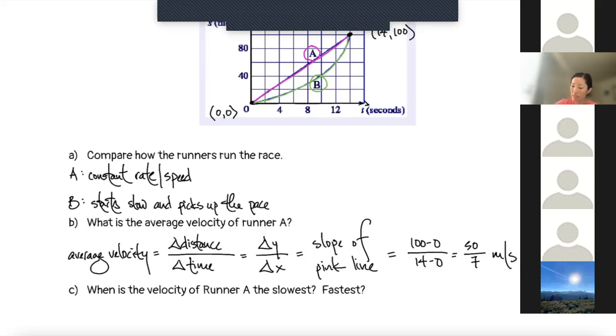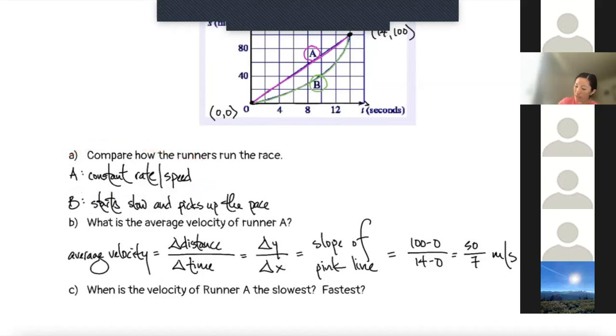But one thing I want us to keep in mind is when we're looking at their velocity, we're really looking at sort of the rate of change. And this rate of change is always 50 over 7. Okay, and we set up here earlier that runner A has a constant speed.